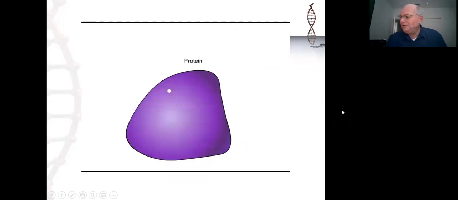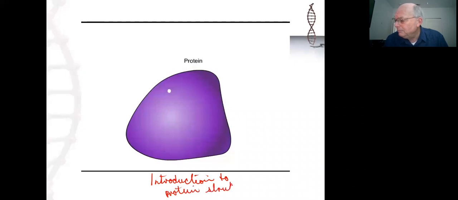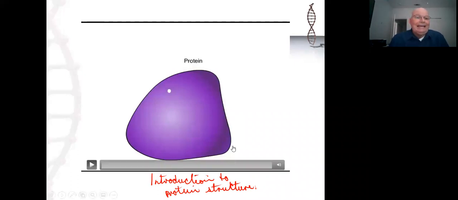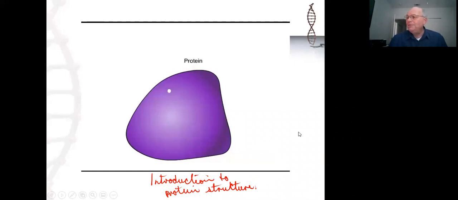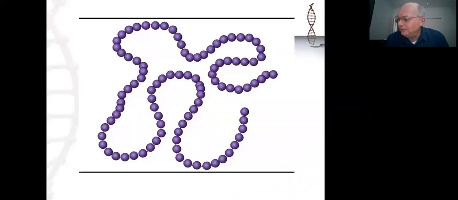So this first is an introduction to protein structure. And again, remember, all of these animations are found on the resource page for this chapter. So these are there again in their order and identified for what they're covering. This one covers the primary structure.